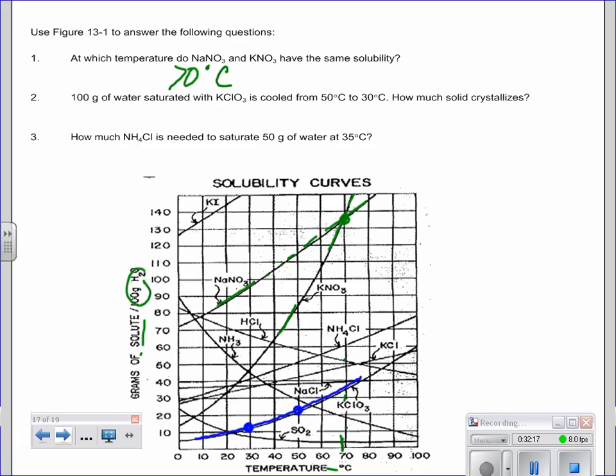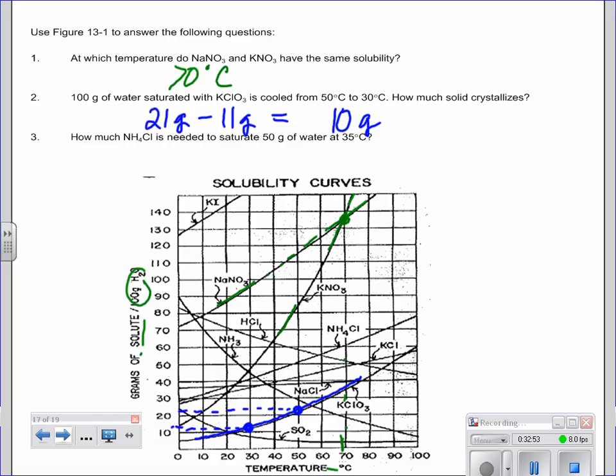So we look at it and we can read, and this isn't going to be exact here, but on yours you'll see it better, that at 50 degrees Celsius it can hold 21 grams, but at 30 degrees Celsius it can only hold closer to what? 11-ish. So when you decrease that temperature, that means that solid has to fall out. It's going to precipitate out or crystallize. And so somewhere around 10 grams is going to crystallize.